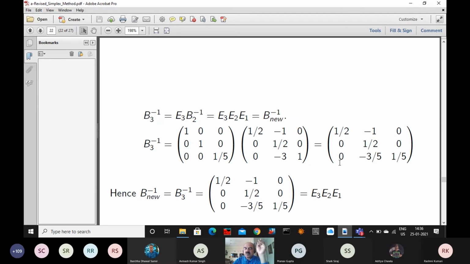So as a result, we have this element: half 0 0, minus 1 half minus 3 by 5, 0 0 1 by 5. So B new inverse is same as B3 inverse, which is E3, E2 and E1. Already E1 you got in first step, E2 in second step, E3 in third step.